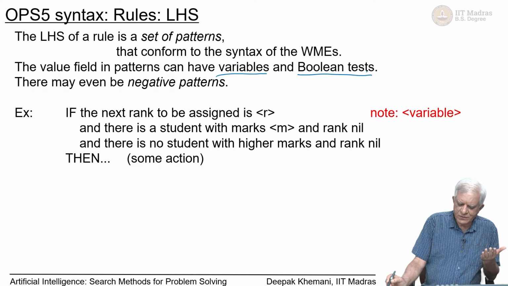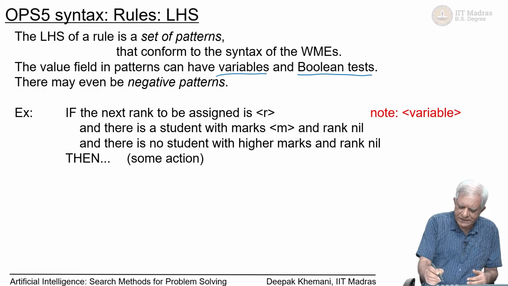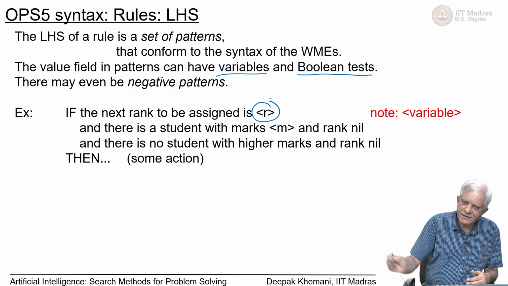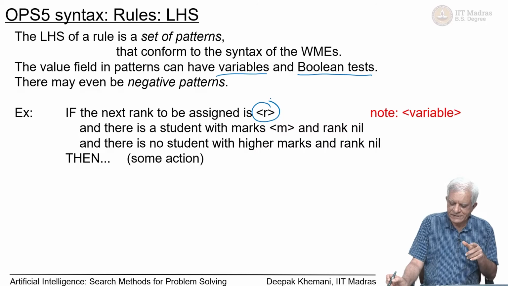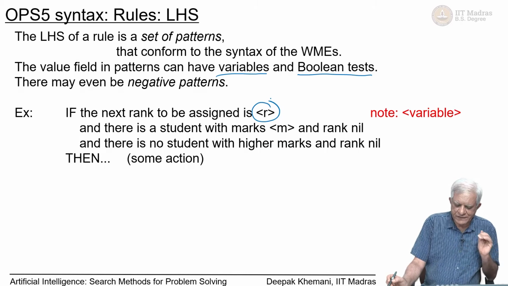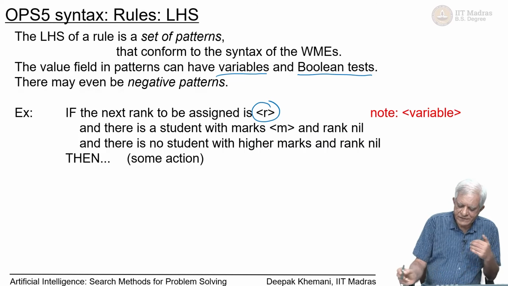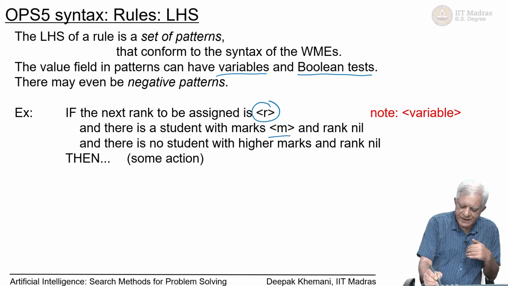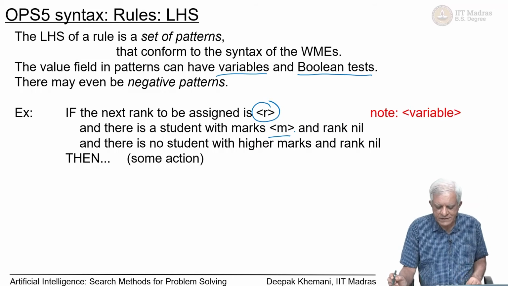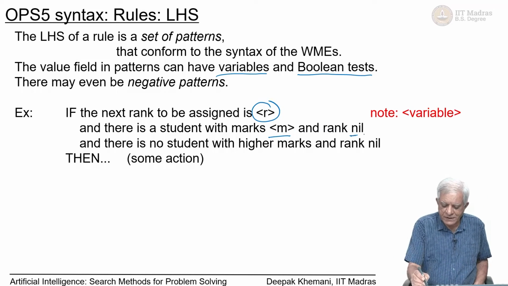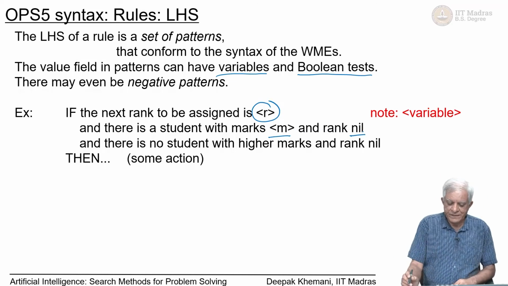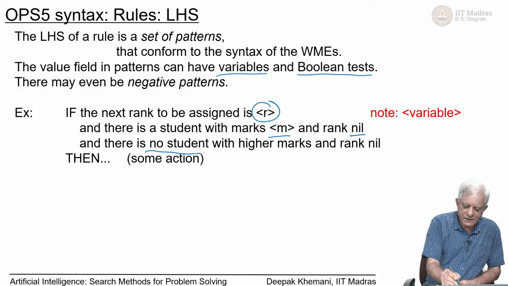If the next rank to be assigned is R, so notice that we will use these angled brackets to represent variables essentially, and that is a convention used in Ops 5. And there is a student who has some marks which we have written as M, which is a variable, we do not know how much is the mark, but who has not been assigned a rank as yet, and there is no student.